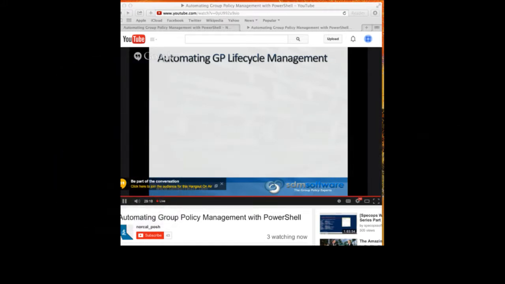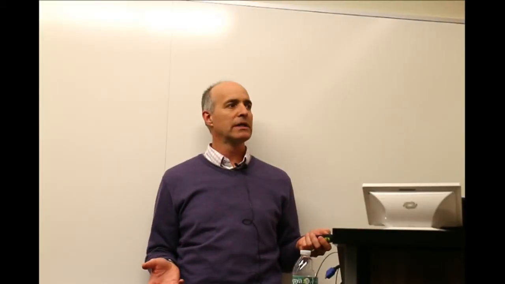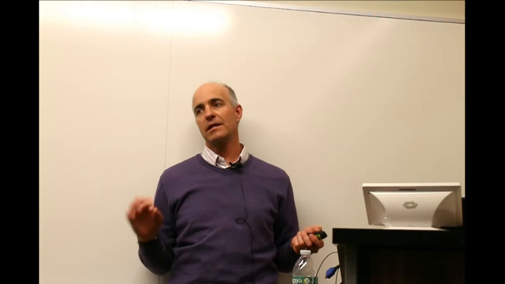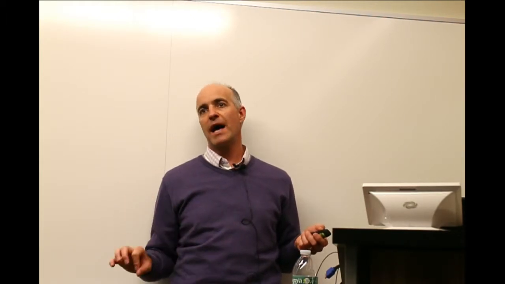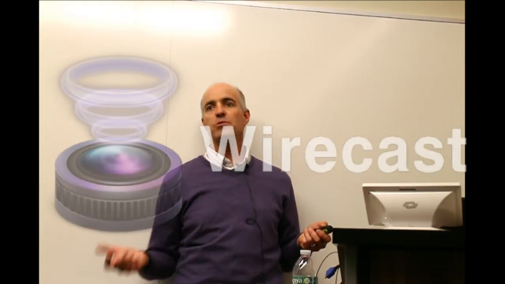So automating the life cycle, what's possible? It's possible to automate almost every phase of group policy management today. When I talk about the life cycle, I mean things like creating GPOs, deleting GPOs, modifying settings, though there's limited support for that in the box module. Permissioning the GPO, so security filtering, who can process the GPO. Linking to a container.